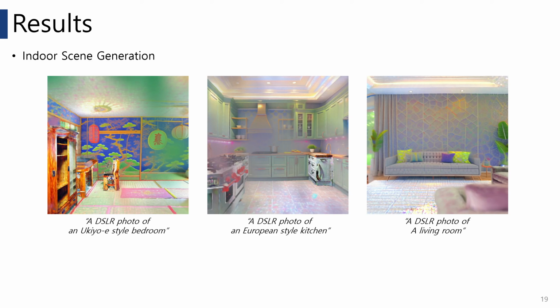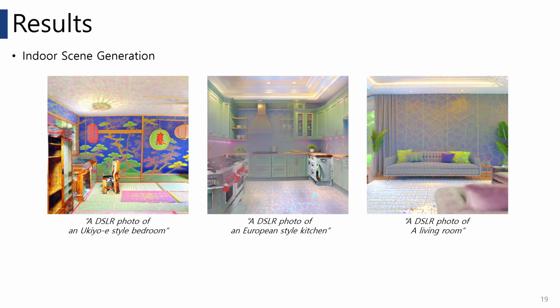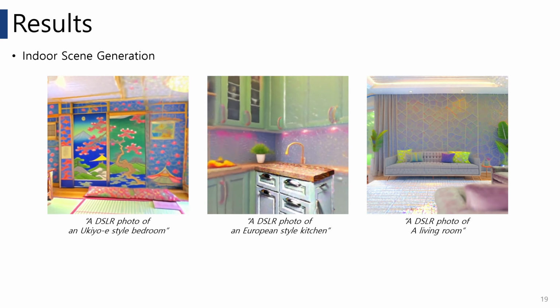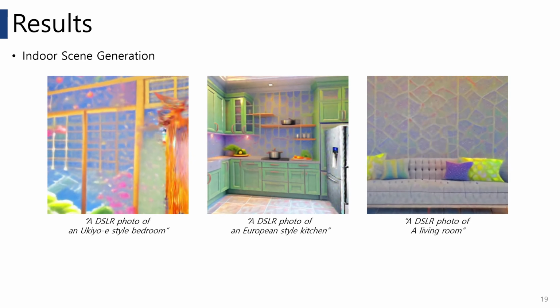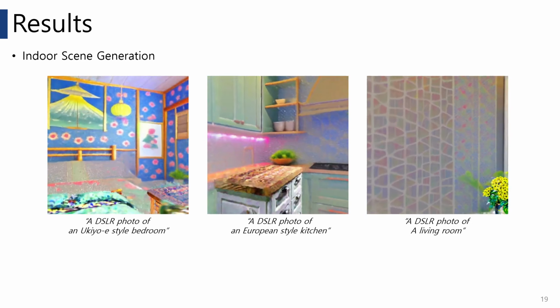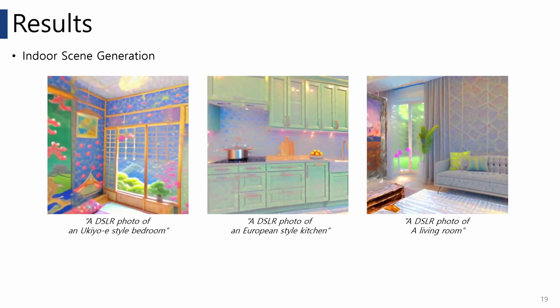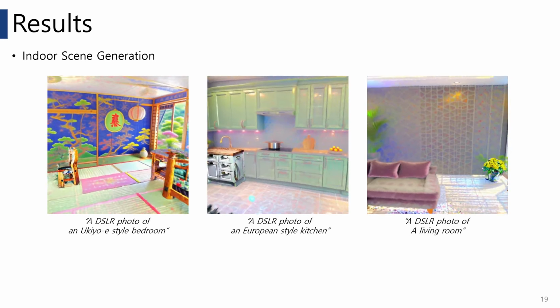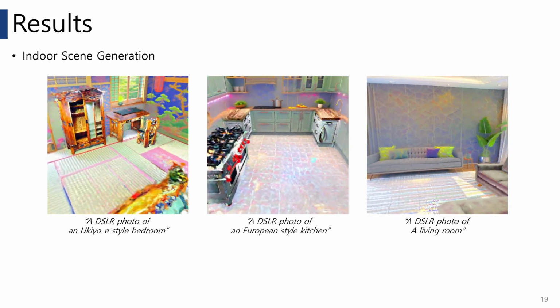Here are the results of indoor scene generation. The model successfully constructs structured environments with detailed objects such as furniture and decorations. The generated walls, floors, and ceilings maintain spatial consistency.